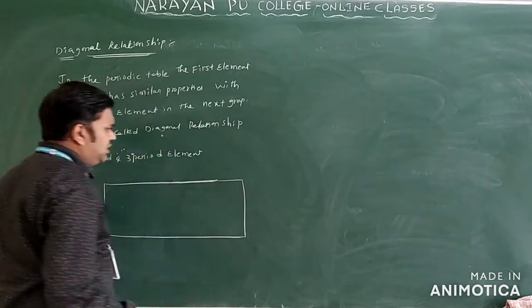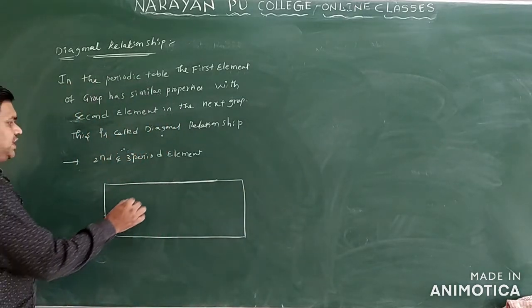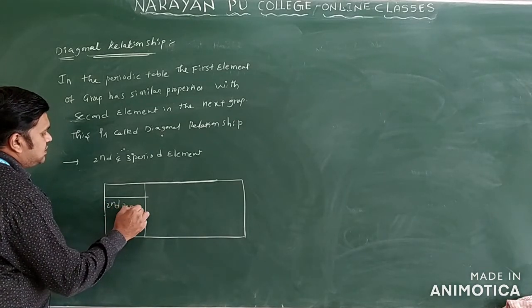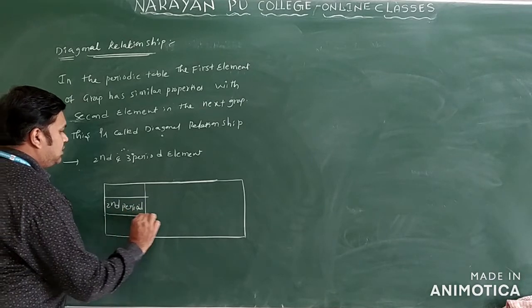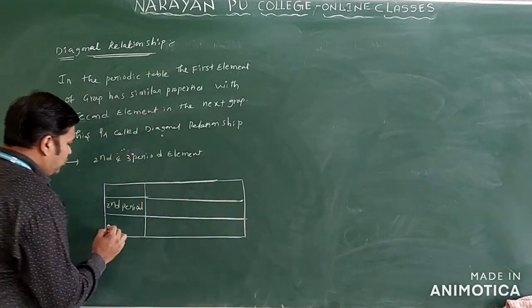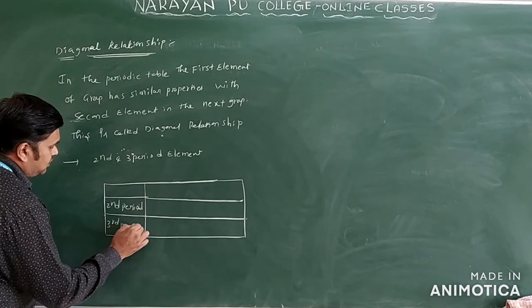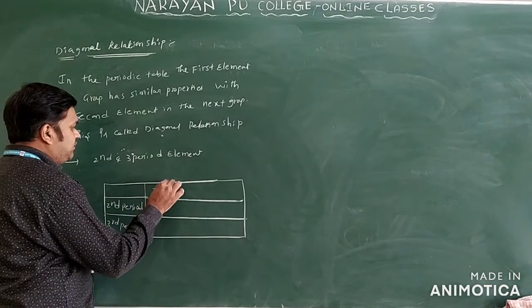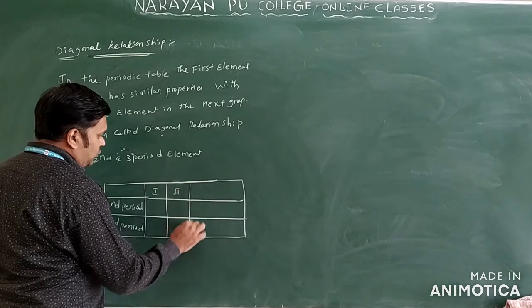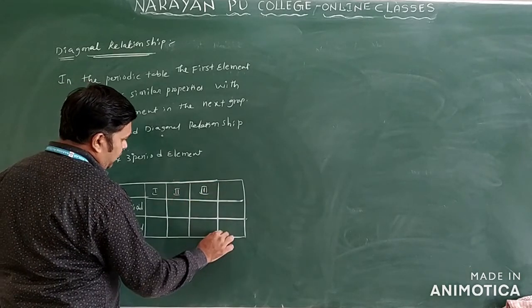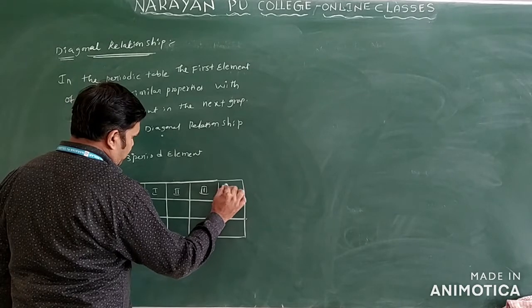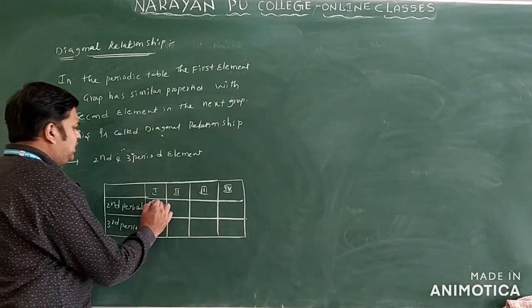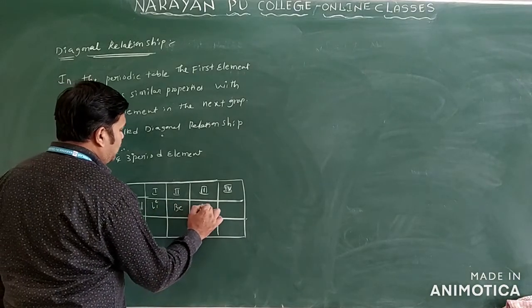We'll take the first A group elements, then the second A group, the third A group, and the fourth A group. The first A group elements here are lithium, beryllium, boron, carbon.